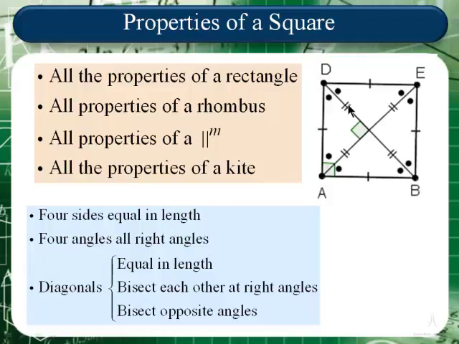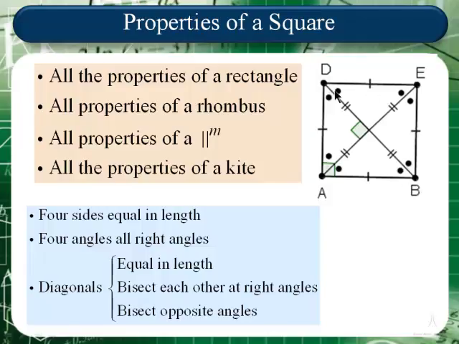All 4 the angles must be equal to 90 degrees because it's a rectangle. The diagonals must be equal in length because it's a rectangle. The diagonals must bisect each other at right angles because it's a rhombus, and it must bisect all the opposite angles because it's a rhombus.